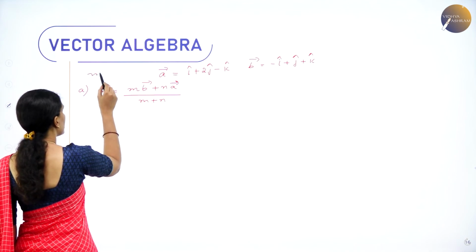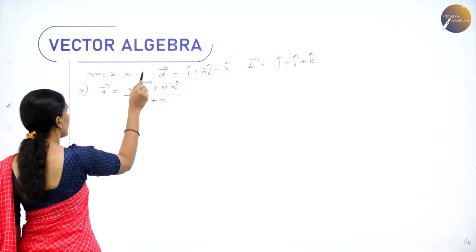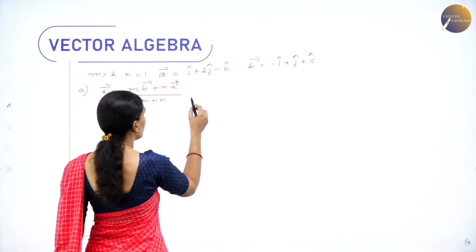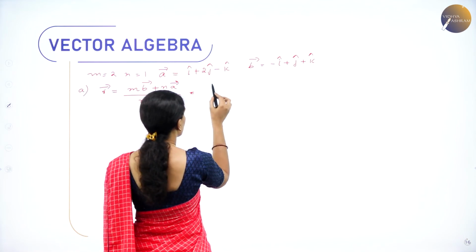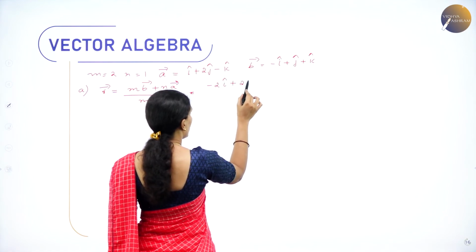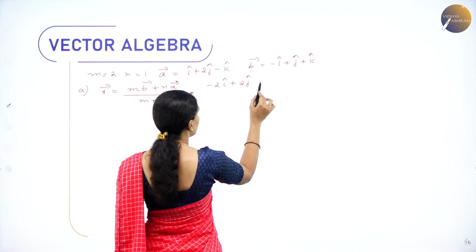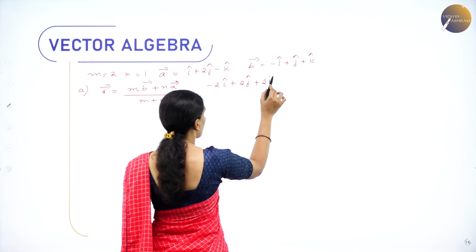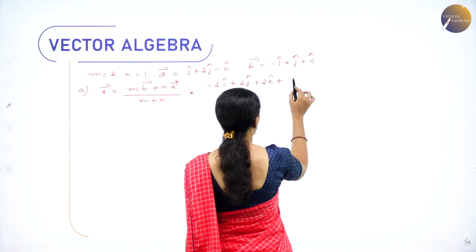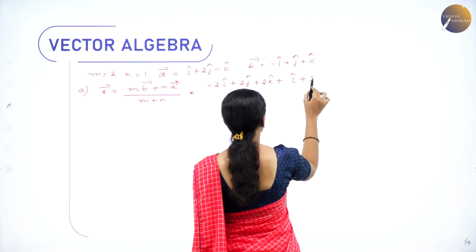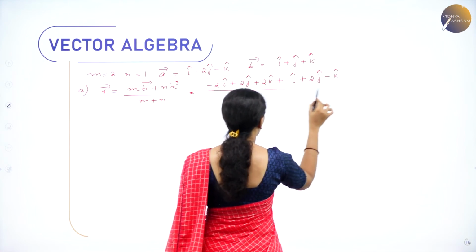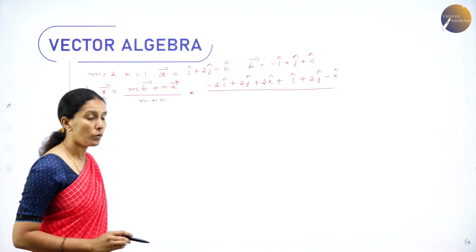We know that m is equal to 2 and n is equal to 1. So m into b means 2 into this: minus 2i plus 2j plus 2k, plus n into a, which is i plus 2j minus k, divided by m plus n, which is 3.